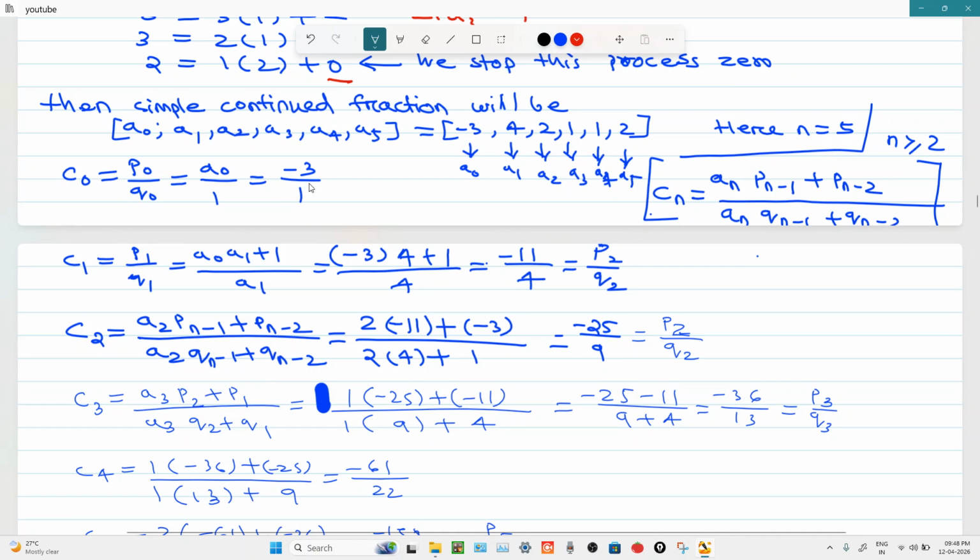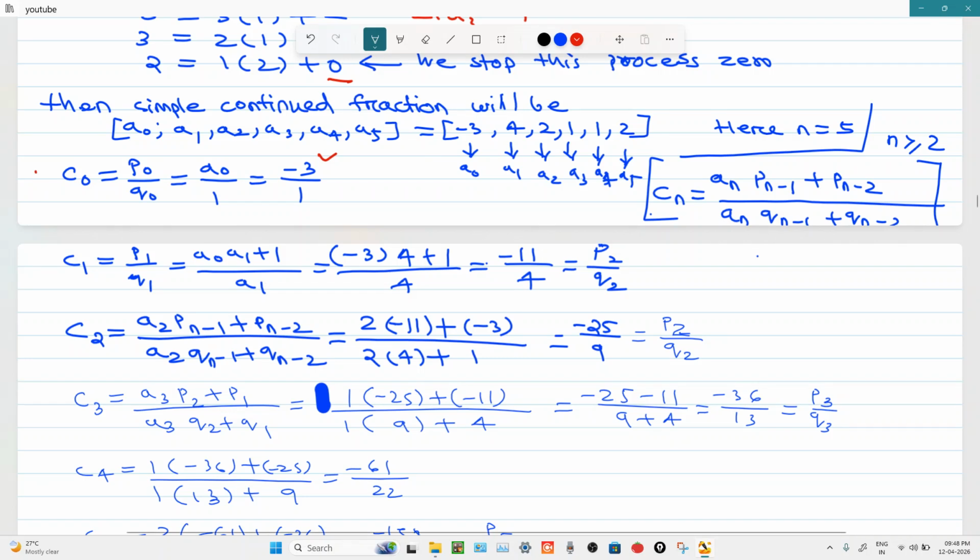Then we will put the values by the formula: C0 equals P0 by Q0 equals A0 by 1. So the A0 value is minus 3 and 1. Then C1 equals P1 by Q1 equals A0 into A1 plus 1 divided by A1.